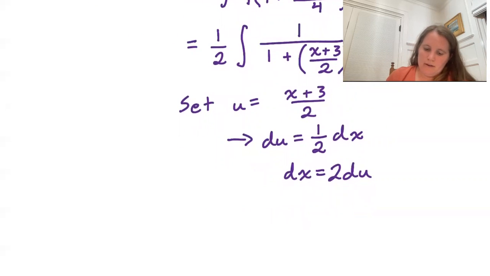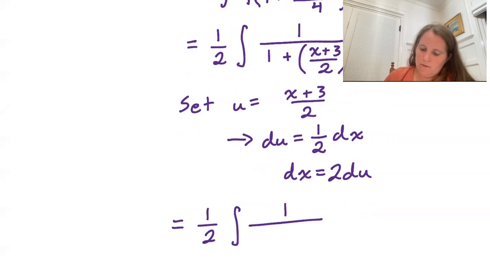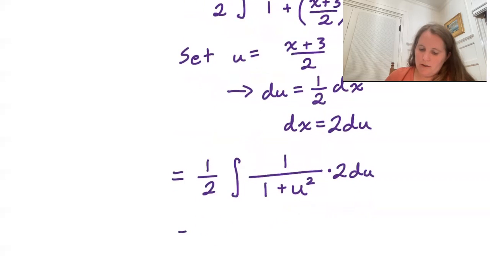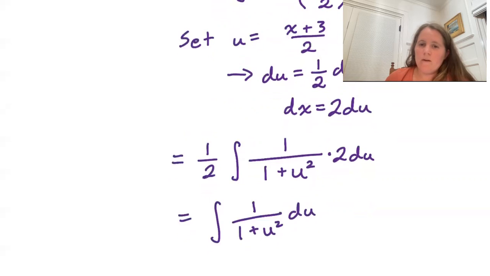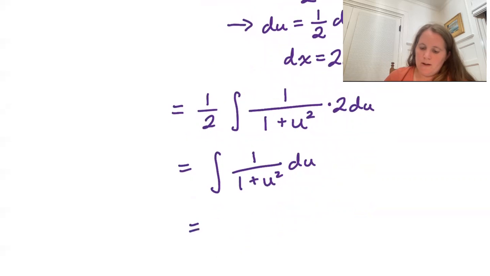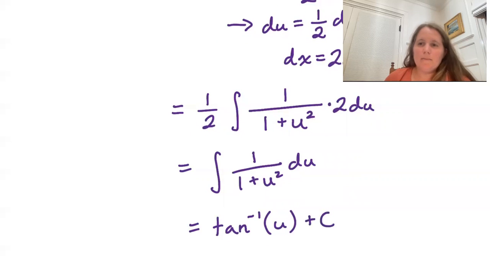So again, our integral is equal to 1/2 times the integral of 1 over 1 plus u squared times 2 du. If we pull out our 2, we're just looking at the integral of 1 over 1 plus u squared du, which winds up being tan inverse of u plus c.